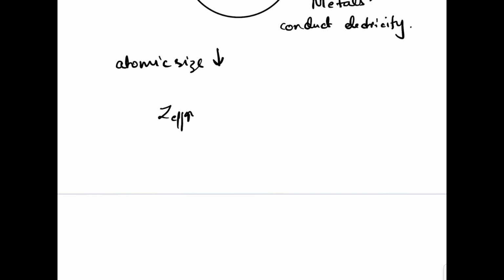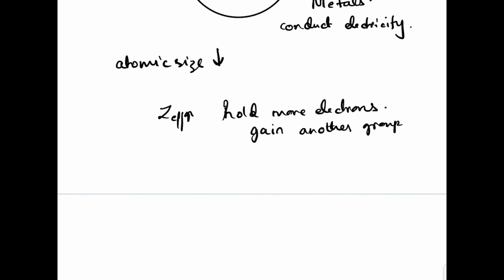So you would see, if an atom has more effective nuclear charge, that means it can hold more electrons, so it is ready to gain another one or another group of electrons.